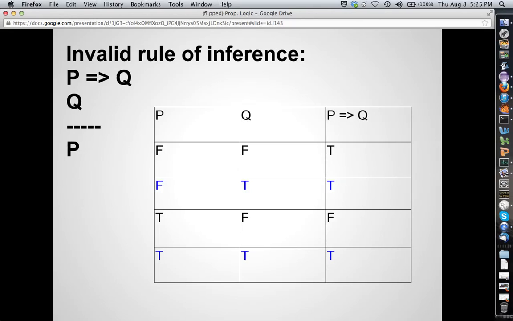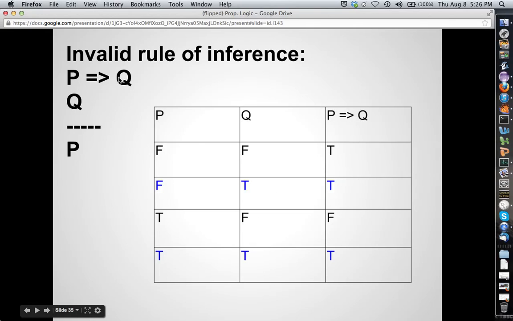Here's an example of an invalid rule of inference. P implies Q, so if we know that's true, and Q, so we know that's true. We can't conclude P from this, and the reason for that is, well, here's an interpretation that makes both of the premises, P implies Q and Q, true. That would be this here, and in that one, the conclusion that we're trying to show is also true. But here's one that isn't the case.